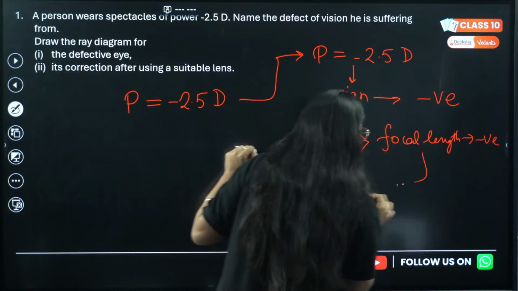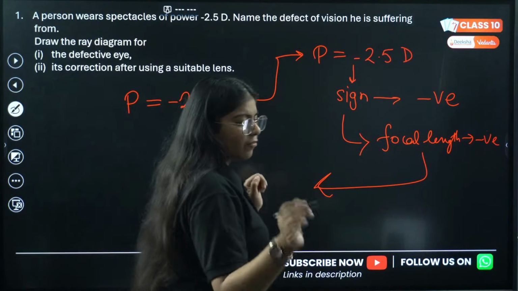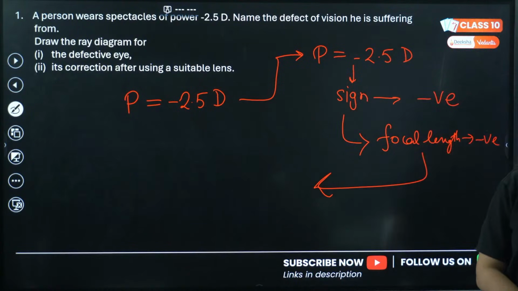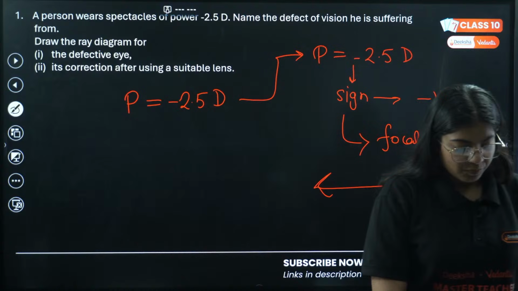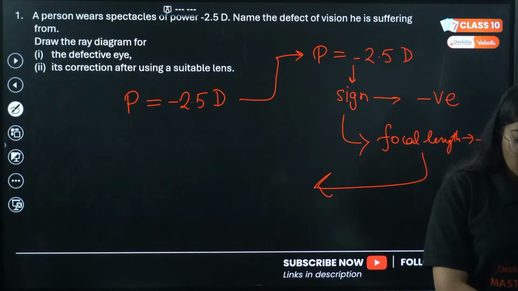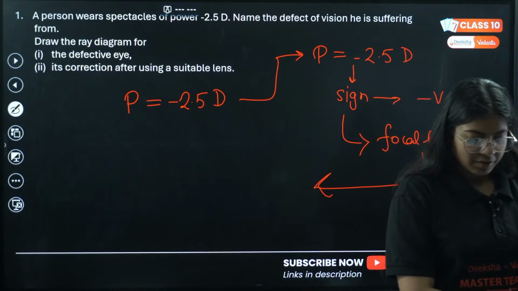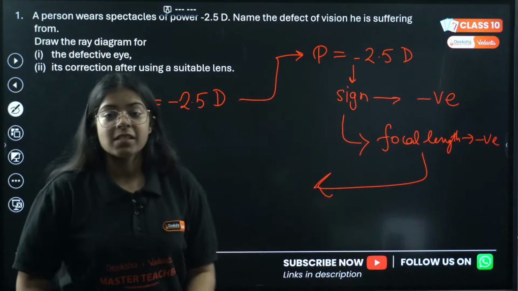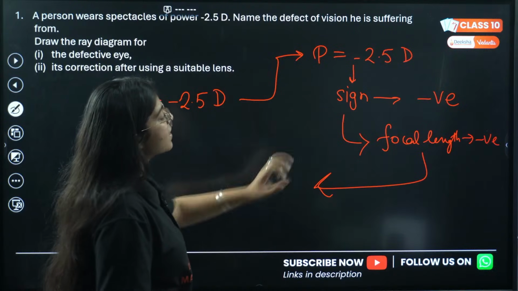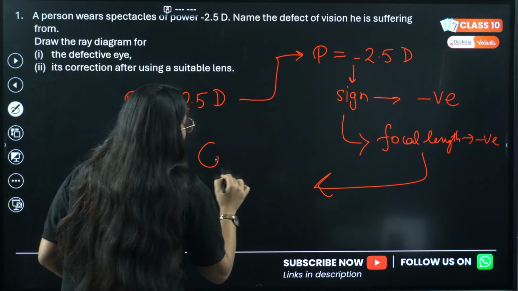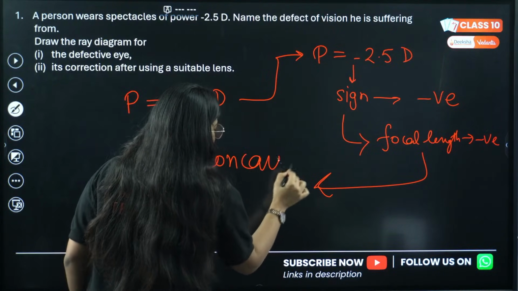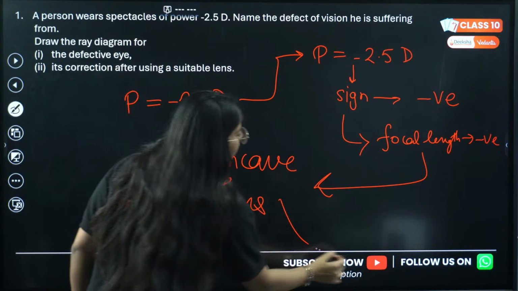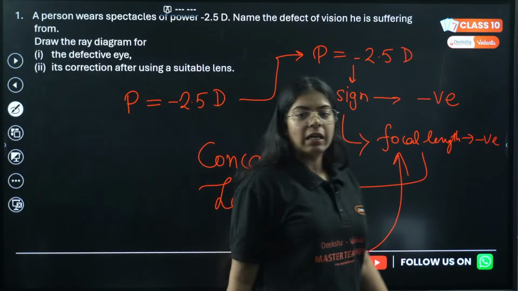And which kind of lens has negative focal length? Concave lens. Concave lens as well as mirror, both have negative focal length.